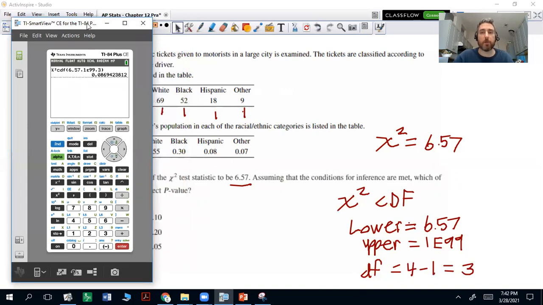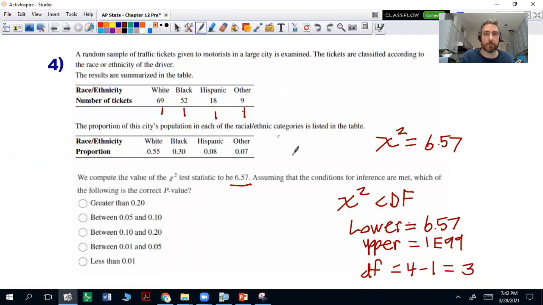And you get a p-value of 0.0869. So it will be between 0.05 and 0.1. That's going to be your answer.